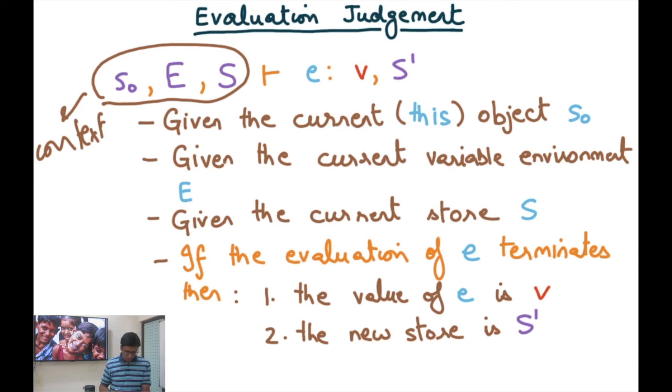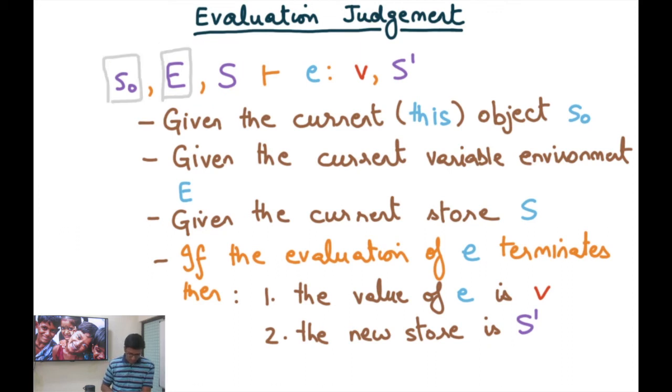Okay, so few things to note here. S0 is the current object, this object, in whose context we are evaluating the expression. E is the current environment under which we are evaluating the expression. So one thing to note here is that neither S0 nor E are changing during the evaluation of the expression.